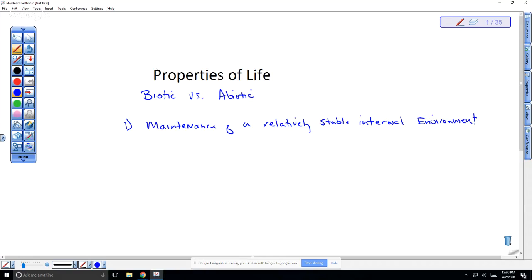And this has a term. Does anybody know what that is called? Does anybody know the scientific term for maintaining a relatively stable internal environment?